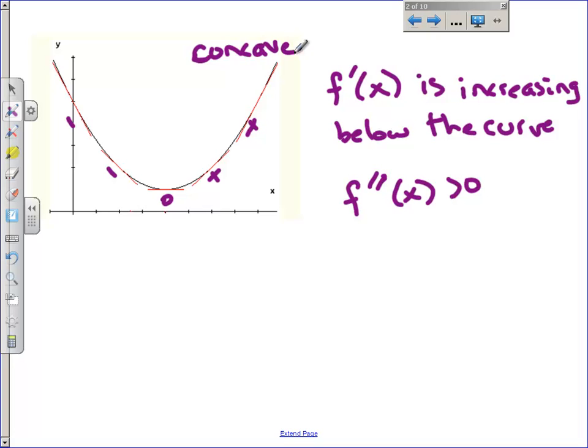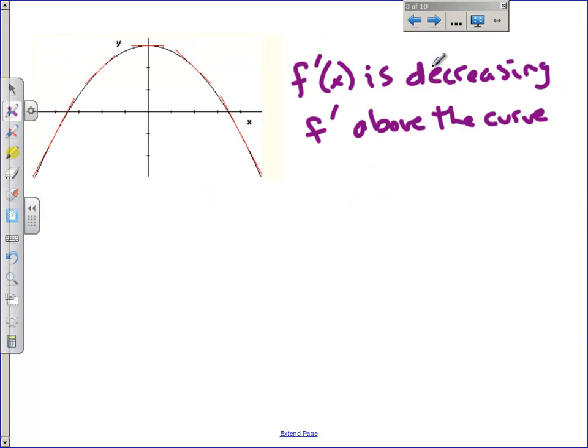Then, if f prime is decreasing, or above the curve, we're going to call this concave down. And you can tell that the slopes go from positive to a smaller positive to 0 to negative and even bigger negative. So f prime is decreasing.